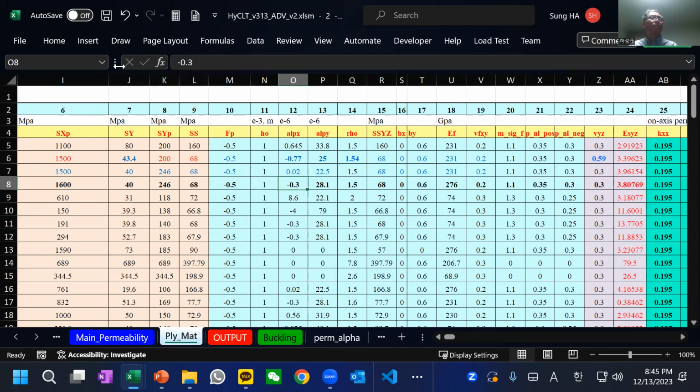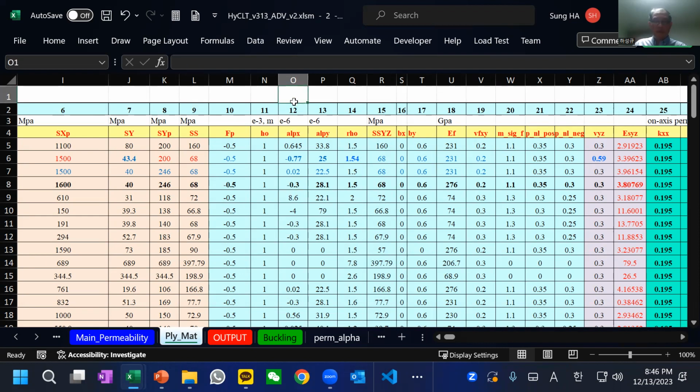That's why there is a little bit of contraction. So this is the typical value, and the 28 is also a typical value for the Y direction, and the X direction sometimes is negative like this, a very small amount.